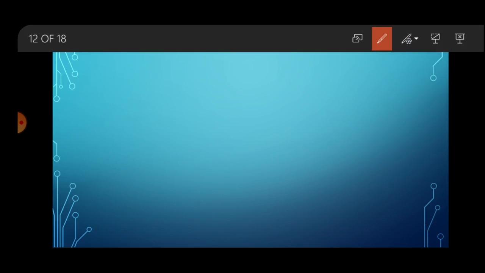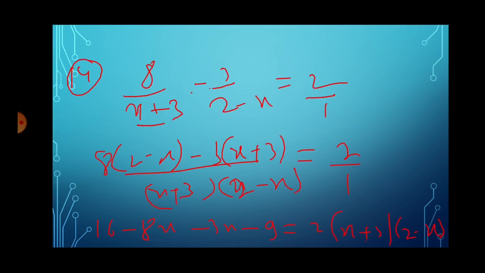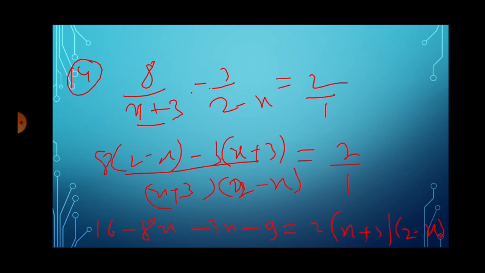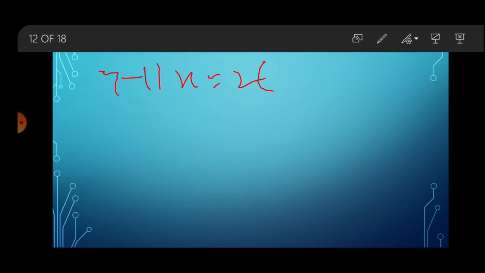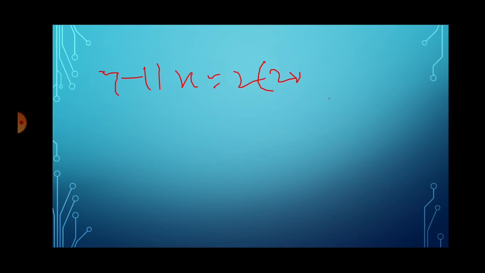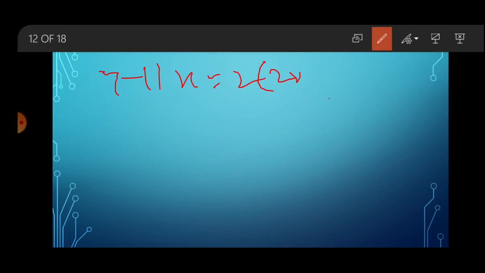So we have 7 minus 11x is equal to 2. Now I will simply multiply. So when we multiply x by 2, it will become 2x, again x will be multiplied to minus x, so it will become minus x square.